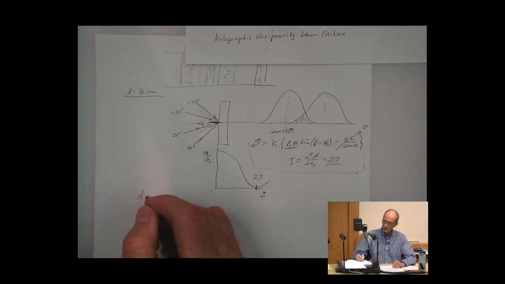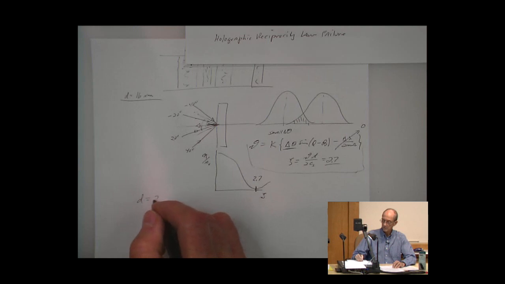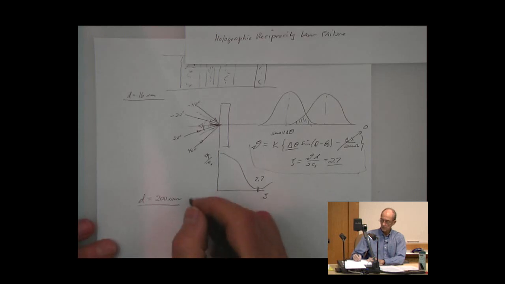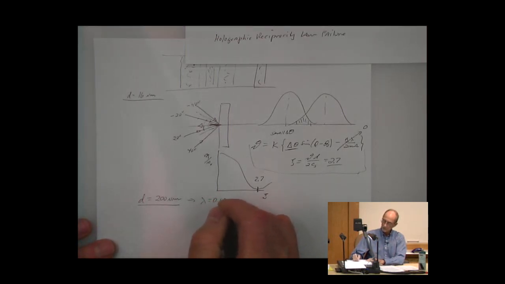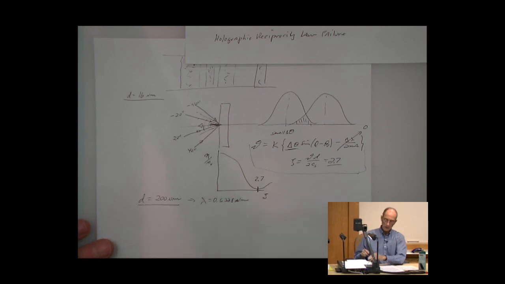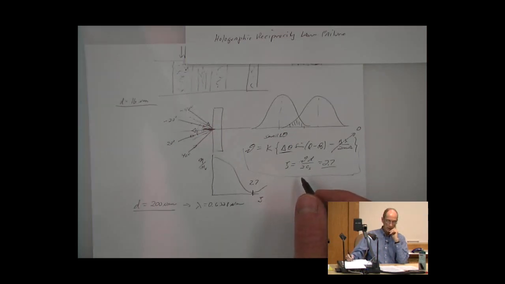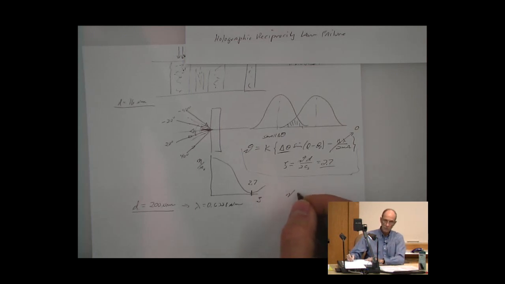So what if we have a data storage material that might be 200 microns thick, and also recording with a wavelength here of 0.6328 microns, and assume that you have the maximum efficiency value. So that would correspond to a nu here, which is pi over 2.